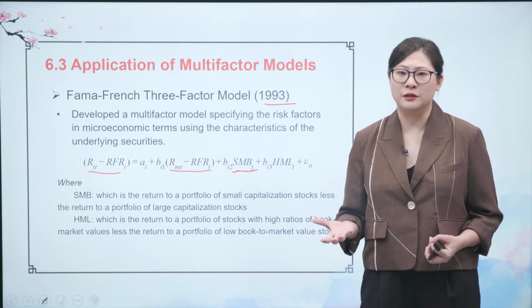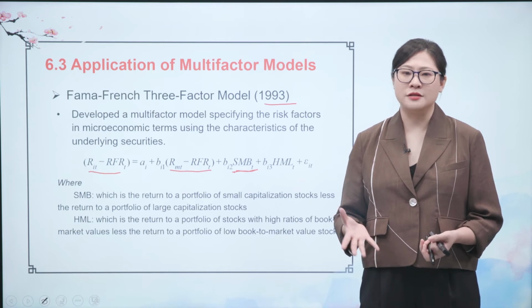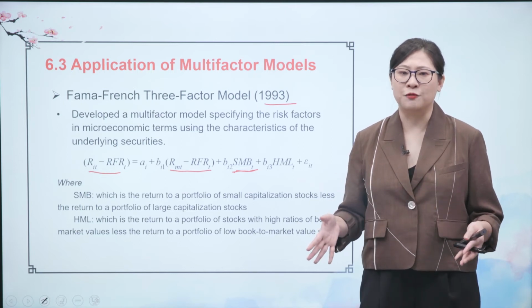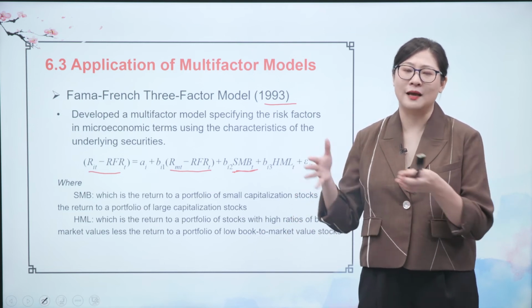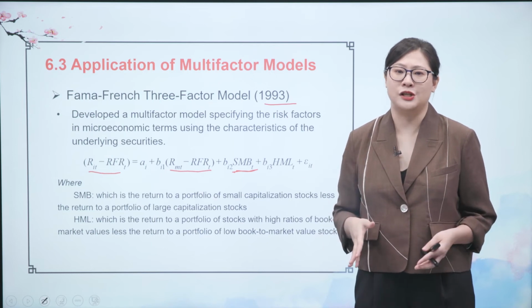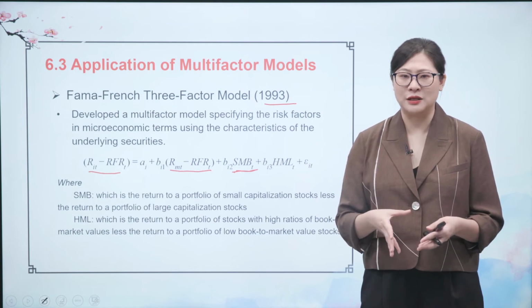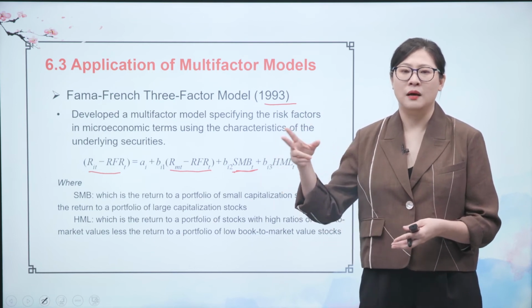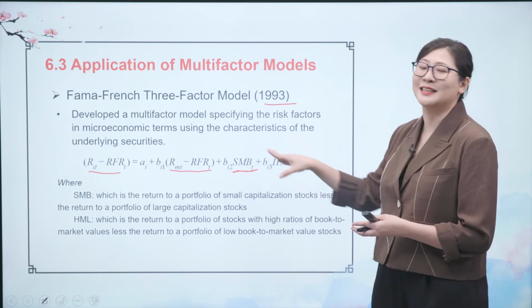In the empirical study, we have lots of stocks in the portfolio, and you will separate them into two different portfolios, one small cap and the other big cap, based on their market capitalization. So we can use the small cap group stock return minus the big cap group portfolio return, and we get this SMB.